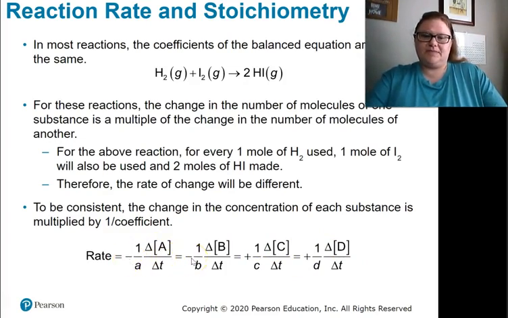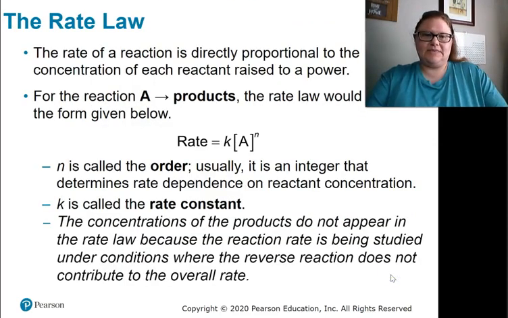There we see them. And we have 1 over their coefficient, which is represented by this lowercase a. Then on the other side, we have equals, right? We have our pluses because C and D in a general equation are products. You see 1 over the coefficient again, right here and here. Yes, there's a rate law.